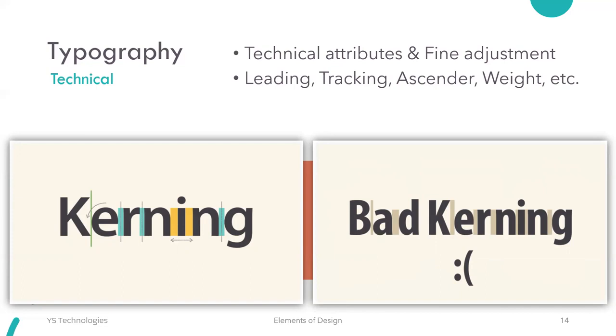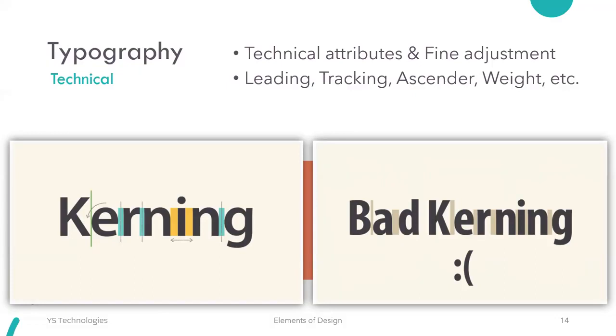Now, this is not an issue with large bodies of text. It can actually be fine. It can be helpful for reading. But if the same is magnified, if it is a large font and used in a heading, then these small differences in the gap between the letters will become quite prominent.